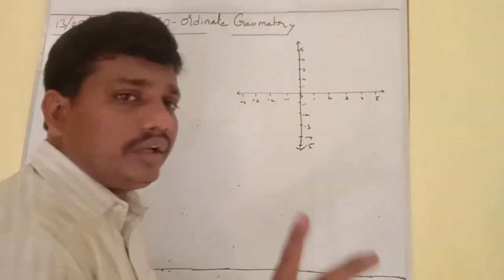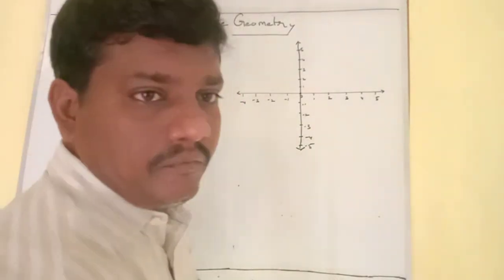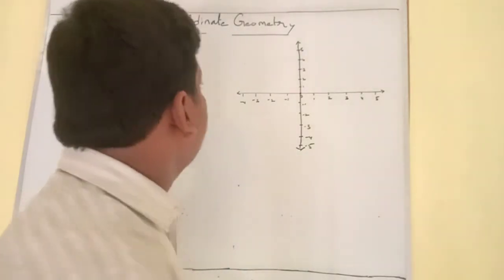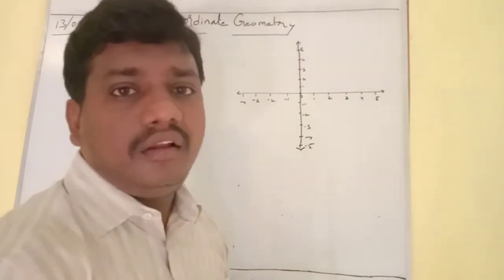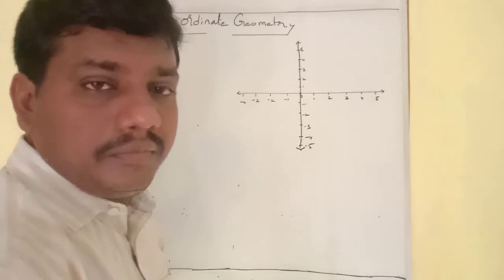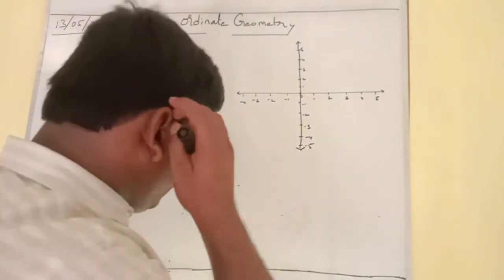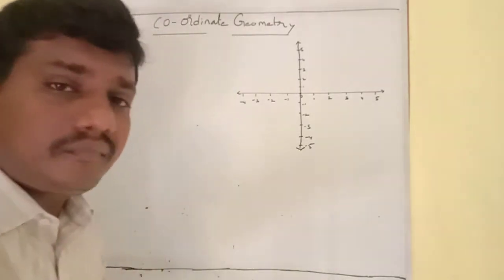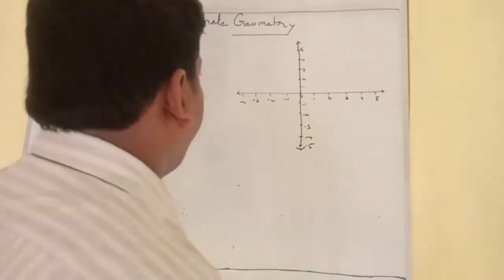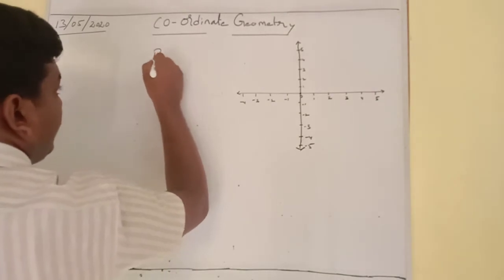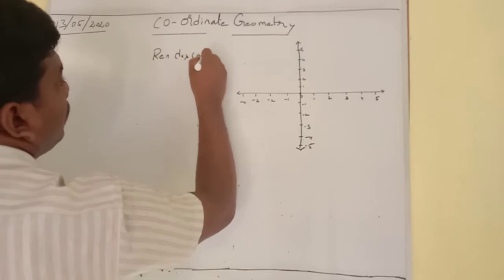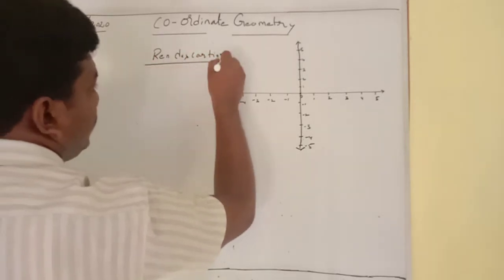Whenever we use two reference lines on a plane, they form the Cartesian system, and this plane is called the Cartesian plane. Why do we call it the Cartesian plane? Because this plane was introduced by René Descartes.